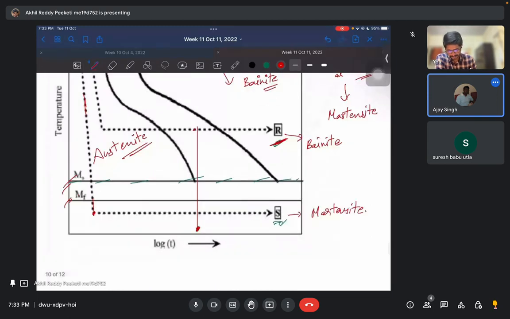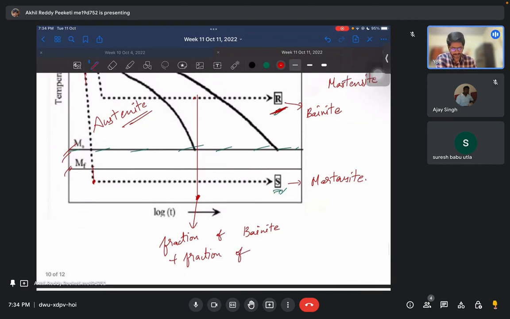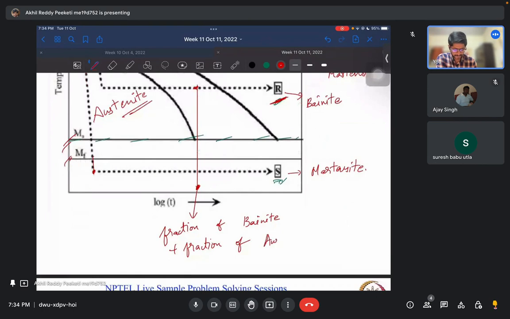There will be a fraction of bainite plus a fraction of martensite, because whatever austenite is there at this state will completely convert to martensite. But because bainite is stable, bainite will stay like bainite only.